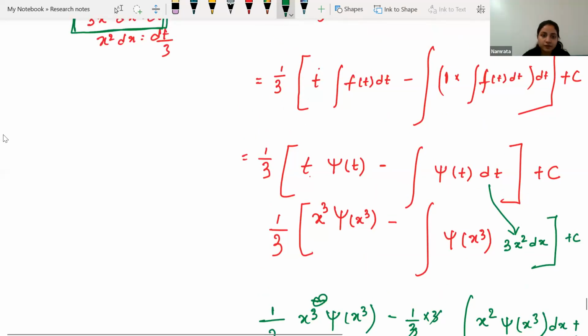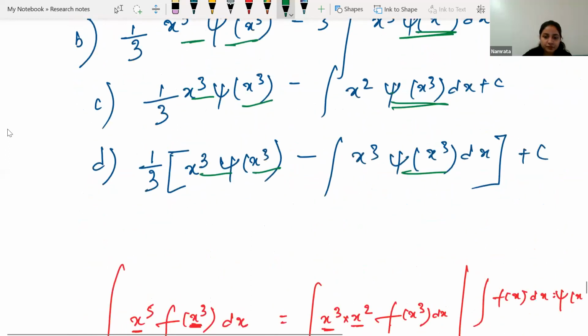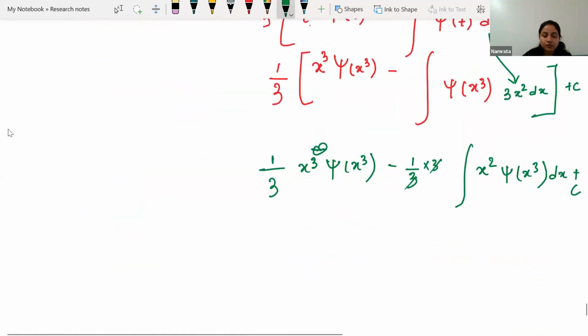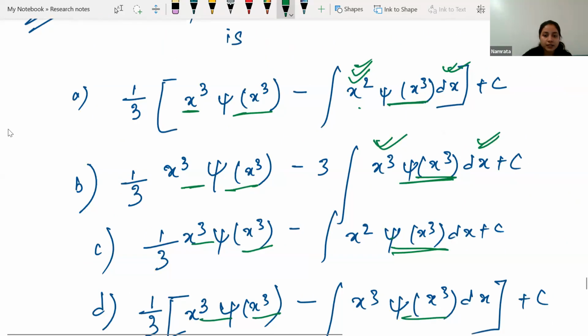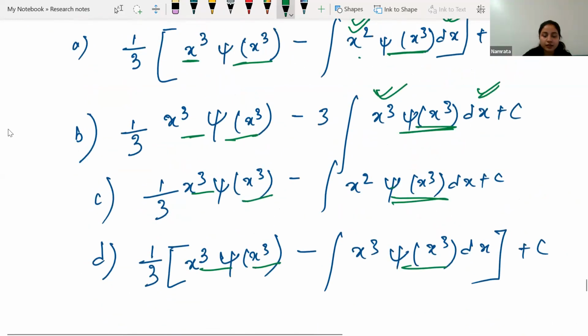Let's check the option. 1 by 3 x cube psi x cube, minus nothing we are having, and then x square. Okay, option C. Can you see? So option C is the correct option.